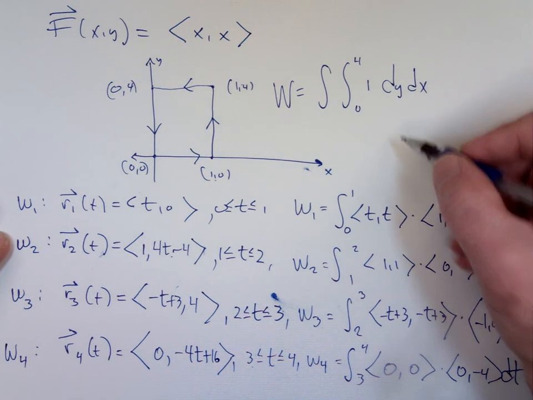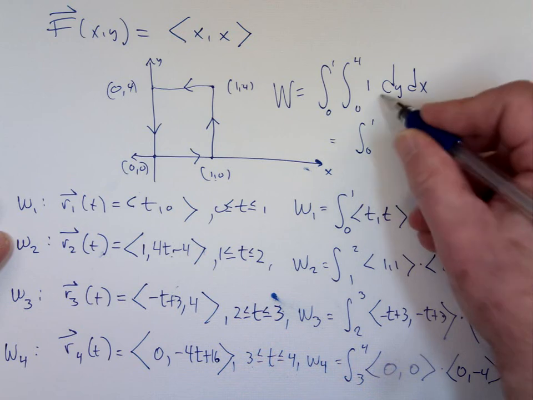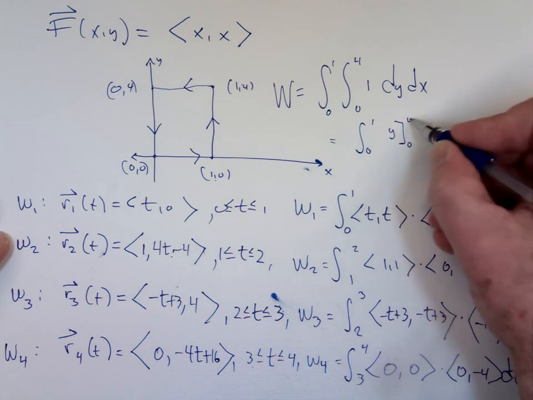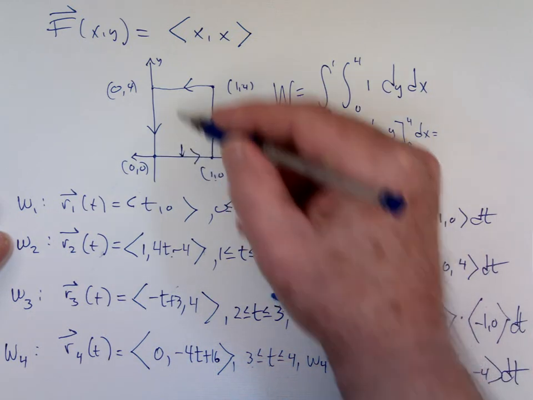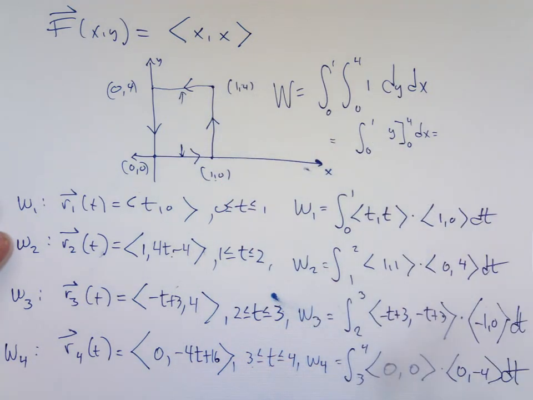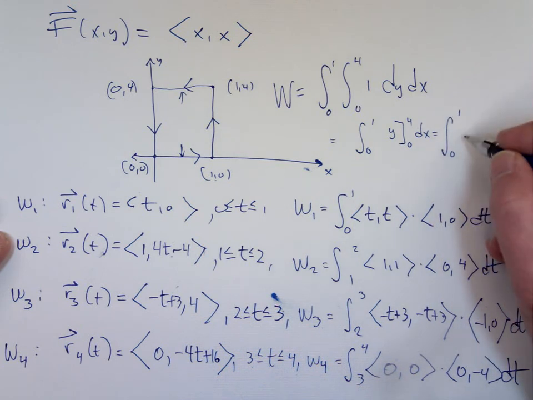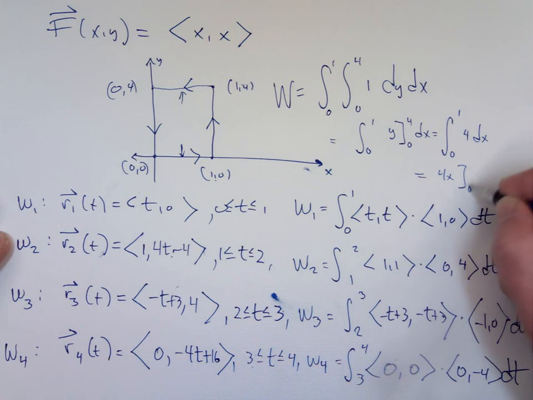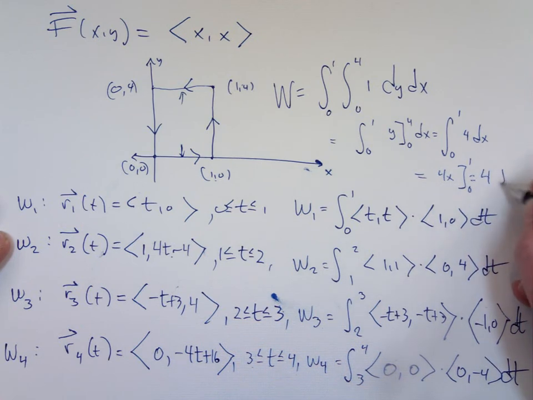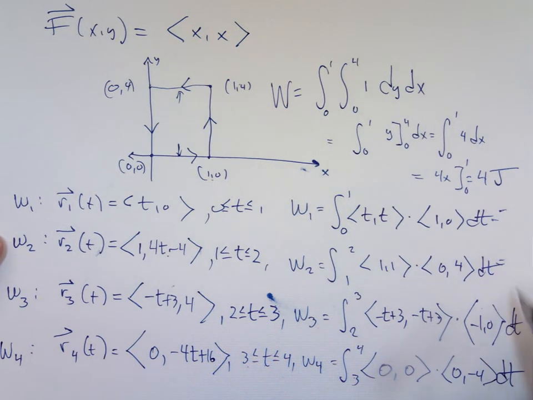How do you get 0 to 4? Because the y's are going from here up to here. They're both constant. Oh, that's right. So 0 to 1, 4 dx, 4x, 4 joules of work. And if you were to compute each of these rectangles and add them all up, you would get 4 joules of work.